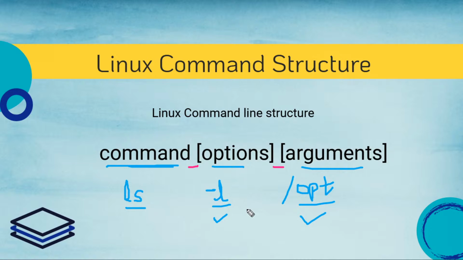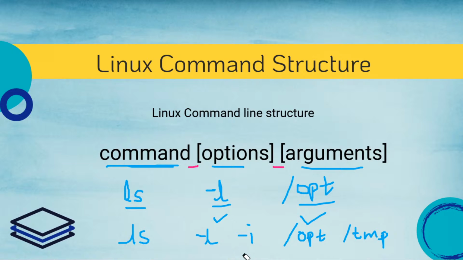What if you want to provide multiple options? You can use the command name, then options separated with a space, like -l -i. I can even specify multiple arguments separated by a space. So this is one way when you want to provide multiple options.